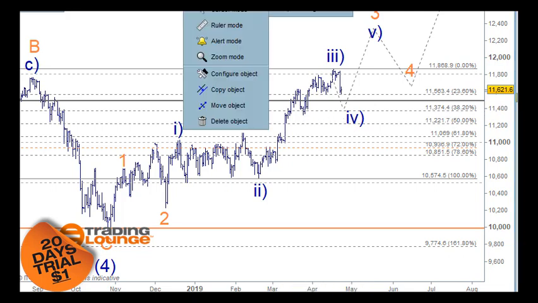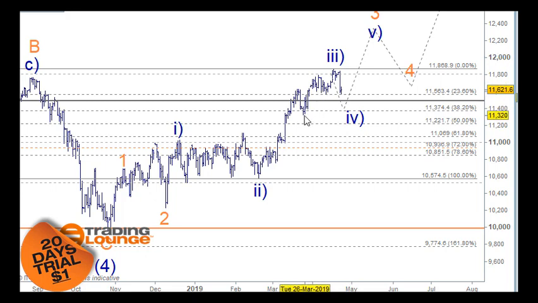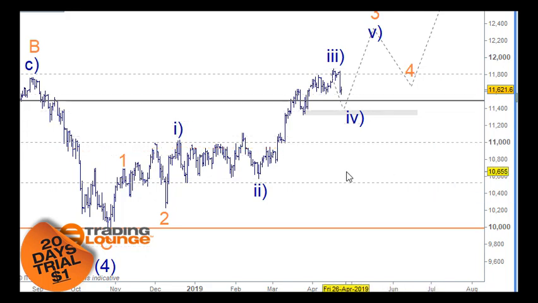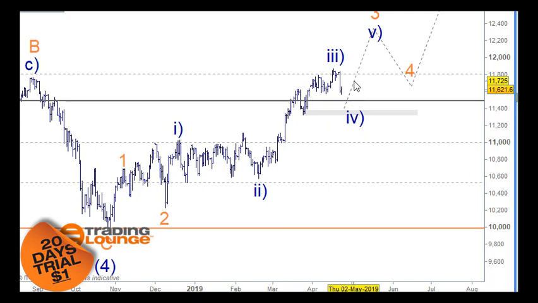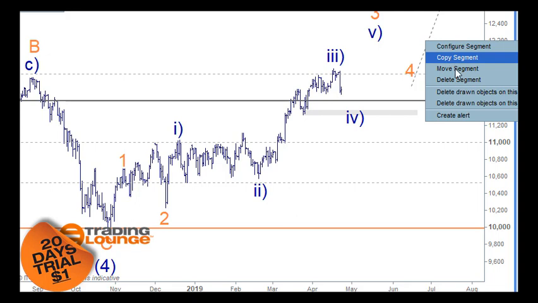So what we can do in this area here, we can look at this low here and this here. We can remove that now. And then the question is how complicated is this correction going to be here with this?